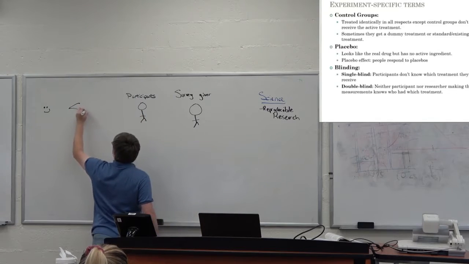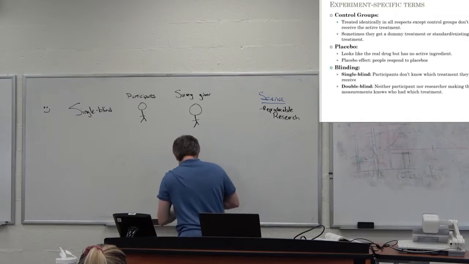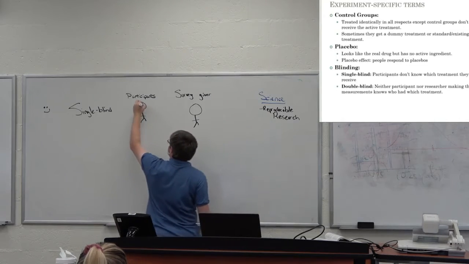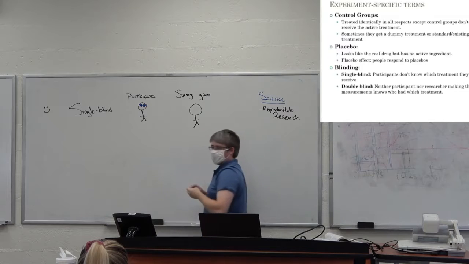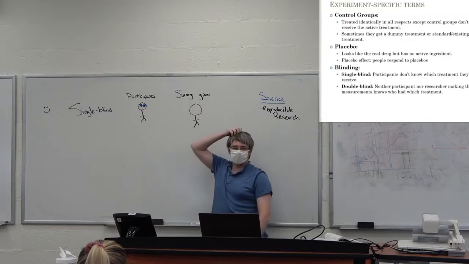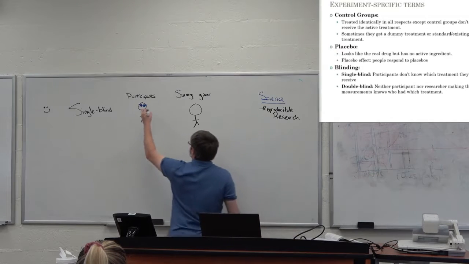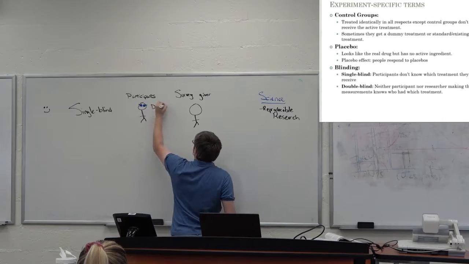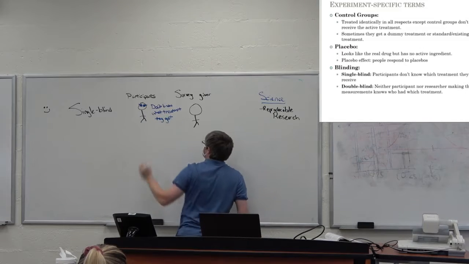In a single blind, I'm going to have them wear some sunglasses to make it look like they're blinded. The survey giver knows that they're giving this to the participant, but the participant doesn't get to see who their survey giver or implementer is. So basically, they don't know what treatment they get.